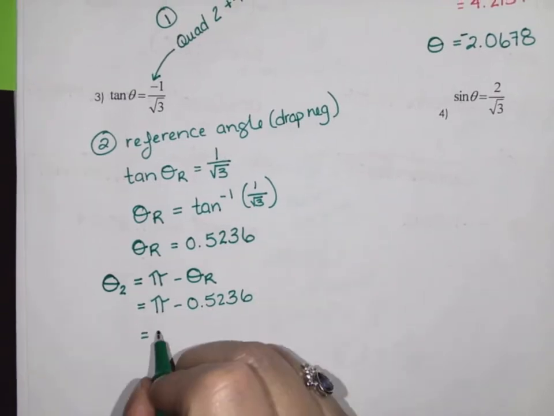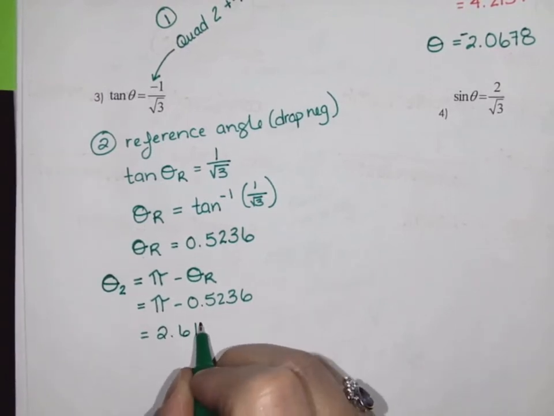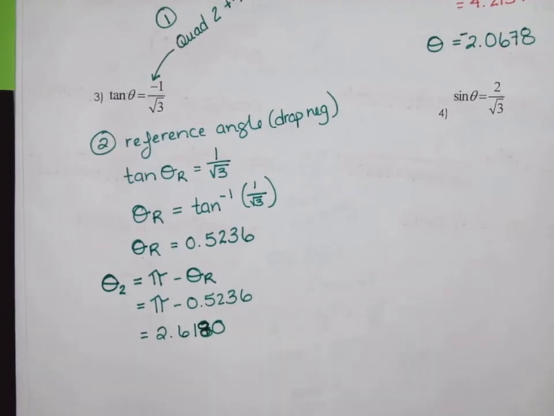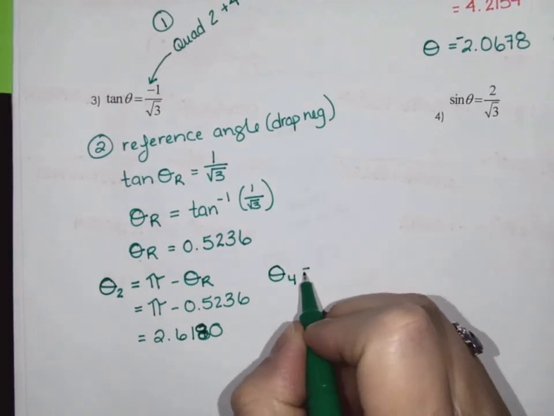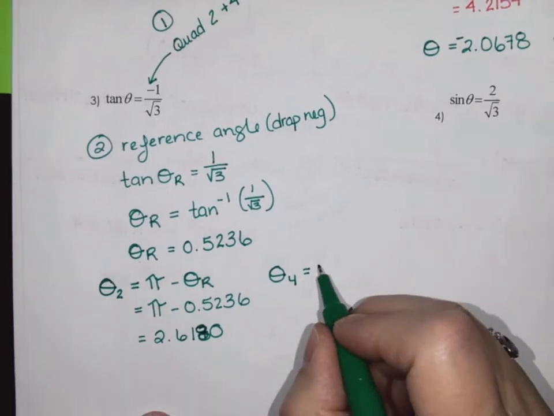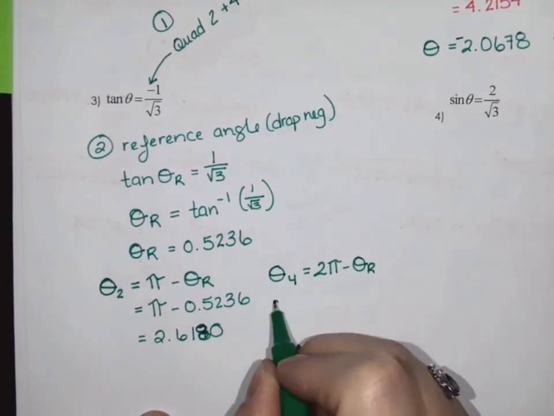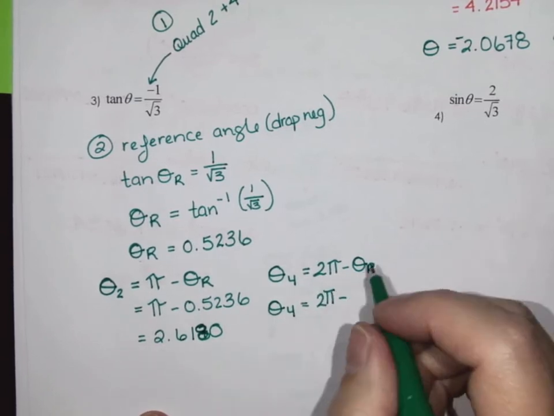Okay. And what's the rule for quadrant 4? I got my positive.